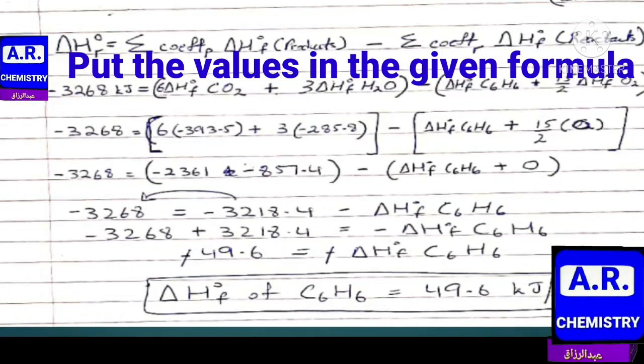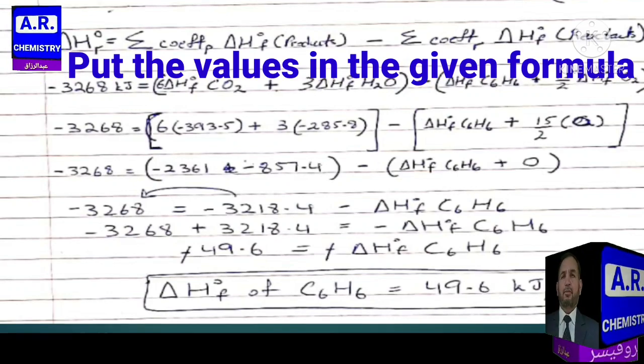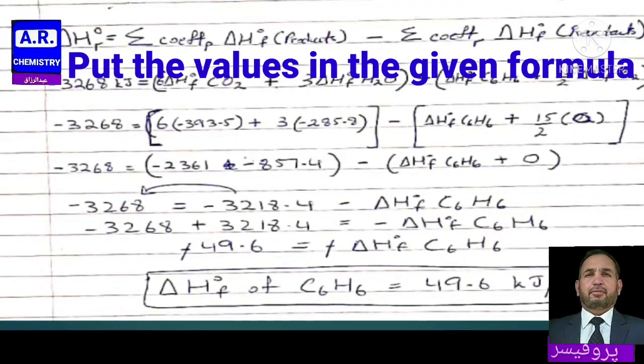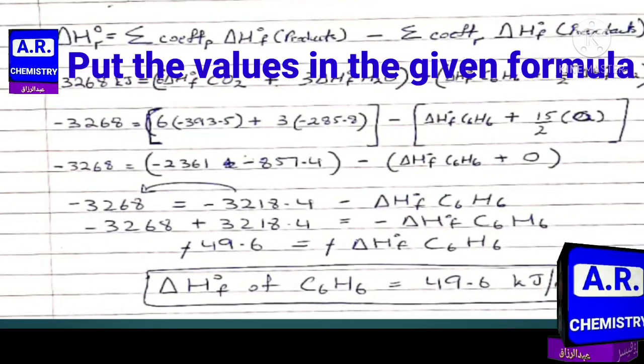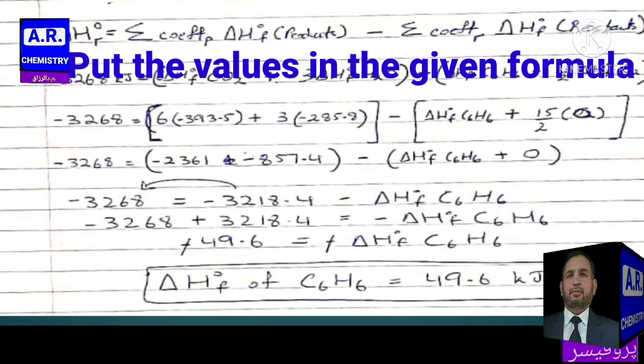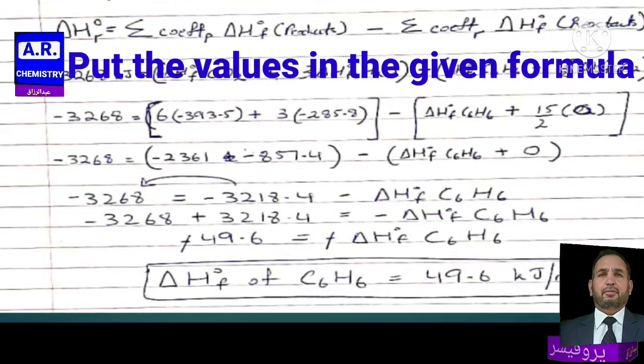Since both of these have negative signs, you are to multiply the equation, minus 49.6 equal to minus delta H naught f of C6H6, by minus 1.